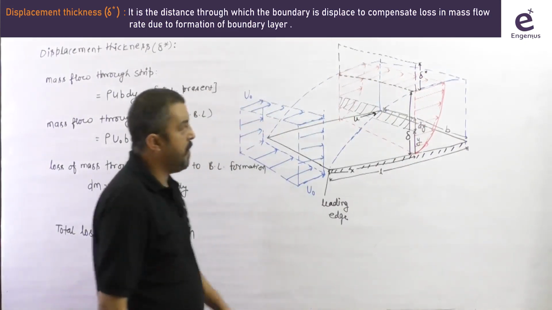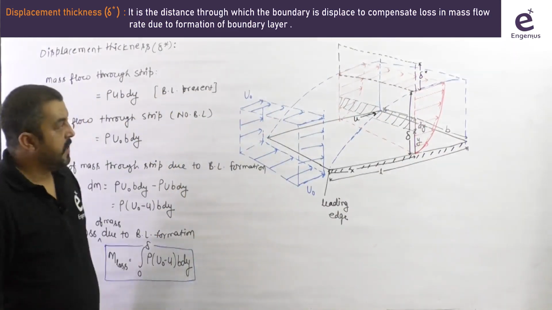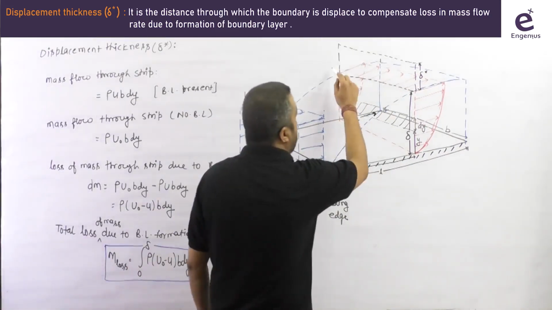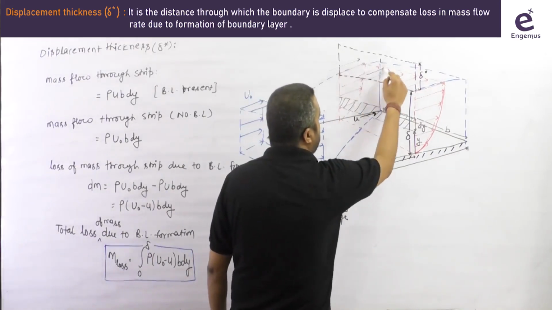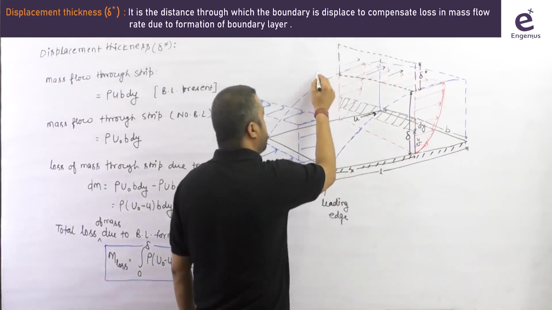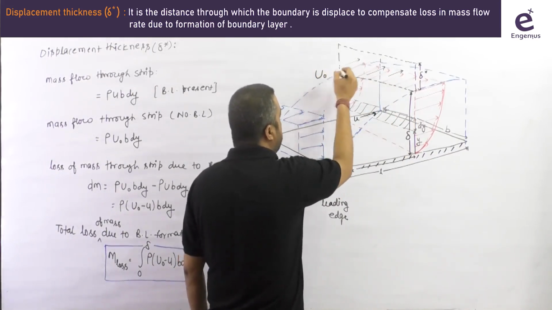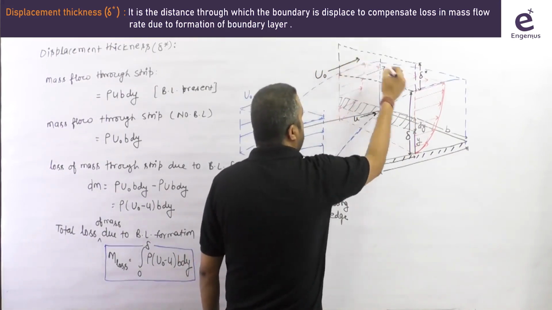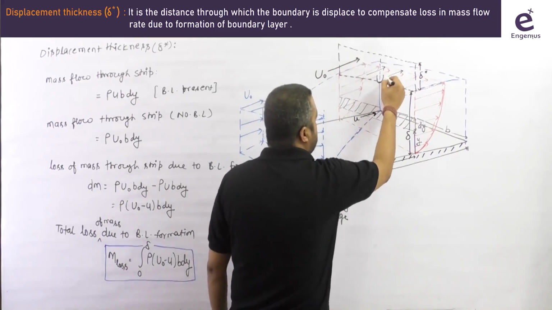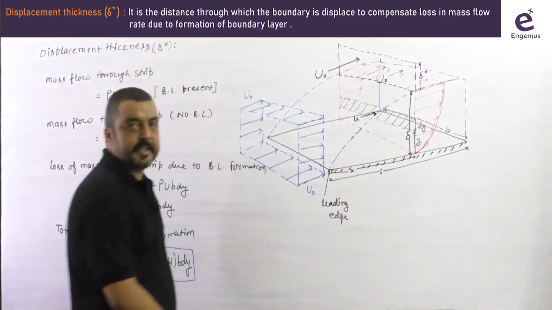As this is above the boundary layer, the velocity through this extra height will simply be the free stream velocity. We are not taking an approximation like 99%. I'm saying the velocity here is going to be u naught. So u naught is the velocity going through this extra portion that we shifted.